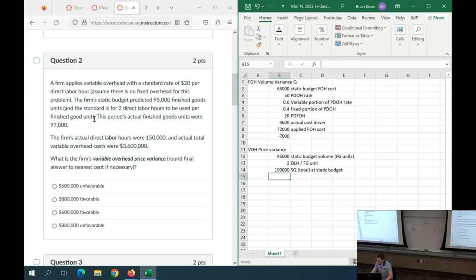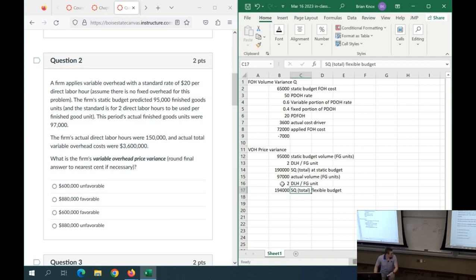Okay. This period's actual finished goods units were 97,000. That's our actual volume in finished goods units. So given our actual production, our actual volume, we would have budgeted 194,000 hours. That's the flexible budget.